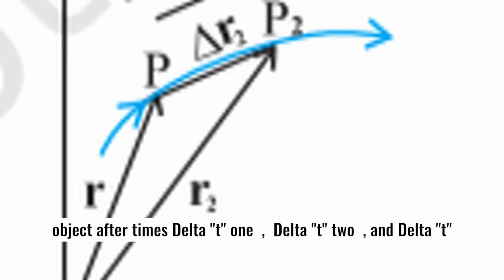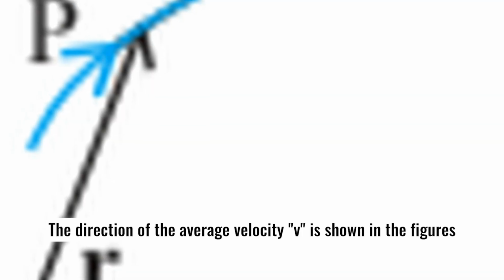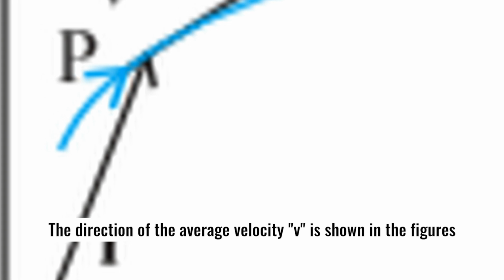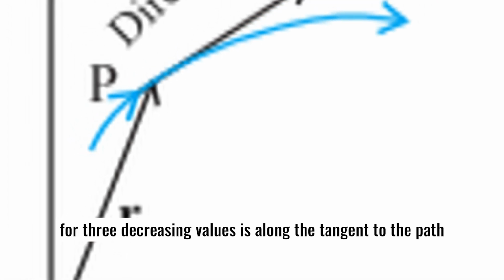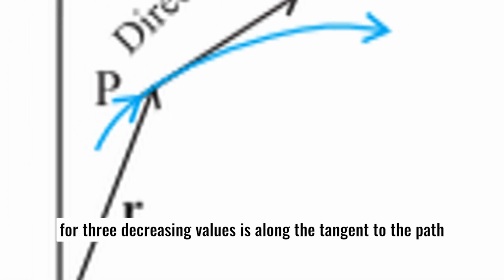P1, P2, and P3 represent the positions of the object after times delta t1, delta t2, and delta t3. Delta r1, delta r2, and delta r3 are the displacements of the object in times delta t1, delta t2, and delta t3, respectively. The direction of the average velocity v is shown in the figures for 3 decreasing values of delta t, along the tangent to the path.